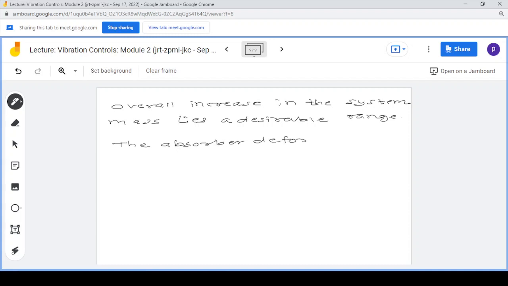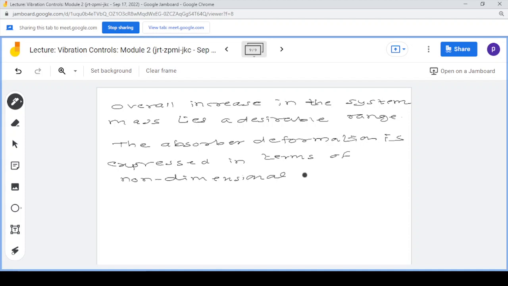Okay, and the absorber deformation is expressed in terms of non-dimensional relative transmissibility.